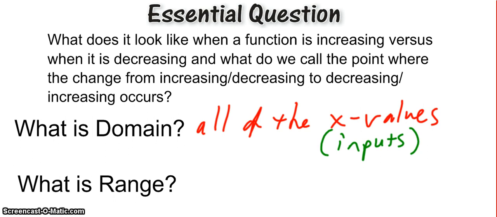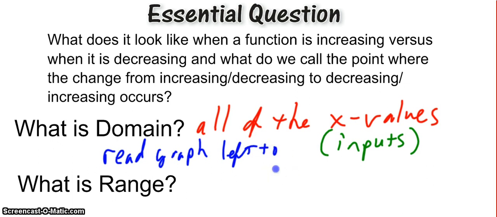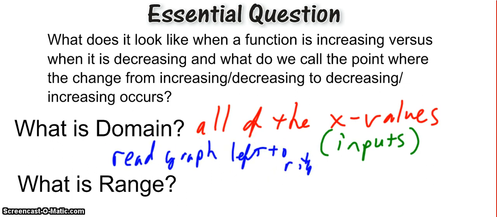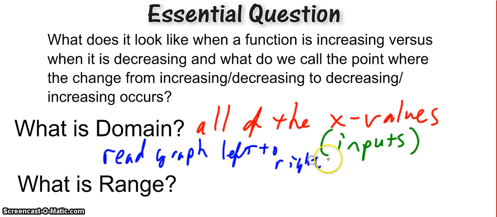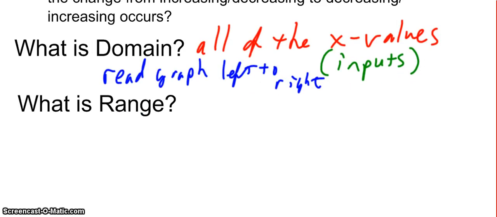When we look at a graph, we read from left to right. So when we read the graph from left to right, that tells us the domain.